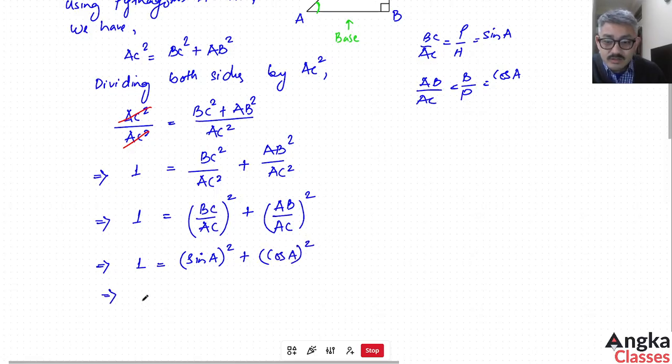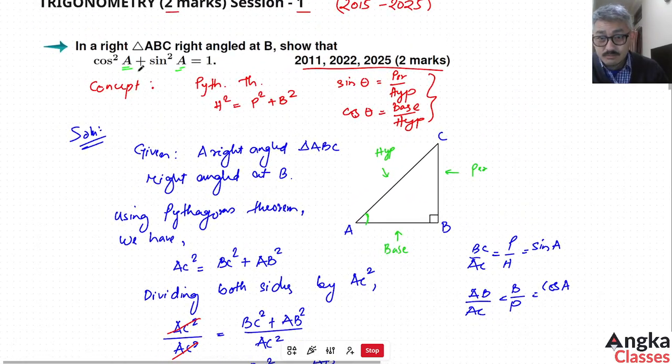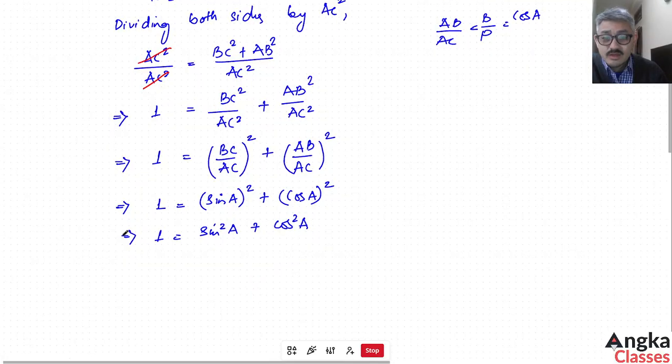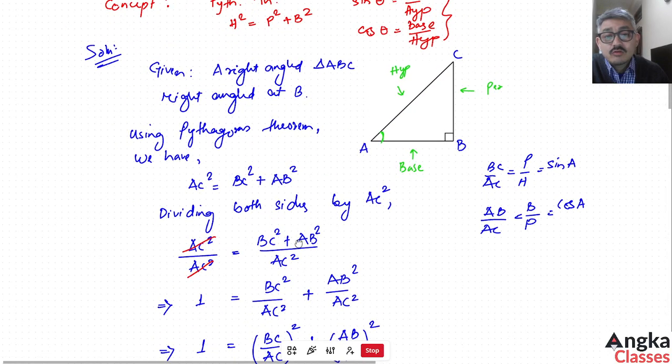So 1 is equal to sine square A plus cos square A. Hence proved: cos square A plus sine square A is equal to 1.